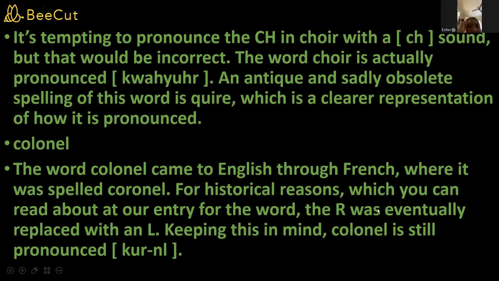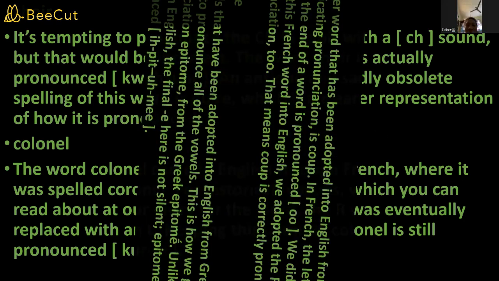For historical reasons, which you can read about elsewhere, the R was eventually replaced with an L. Keeping this in mind, colonel is still pronounced cornel, because of the R that was in the history of it. So the spelling is colonel, while the pronunciation is cornel. Is that taken?